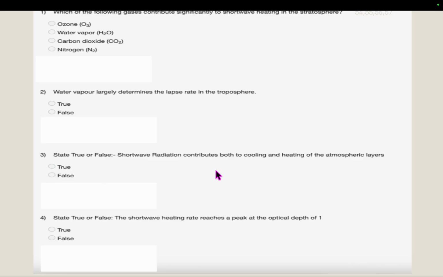The only true statement is that shortwave radiation only contributes to the heating of the atmospheric layers.